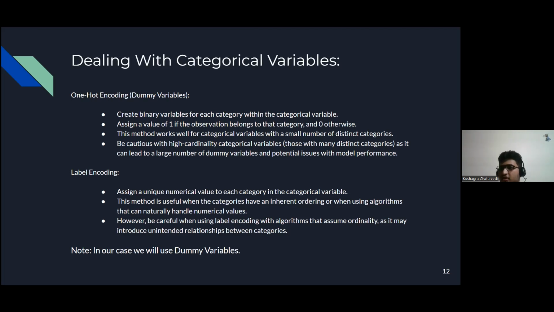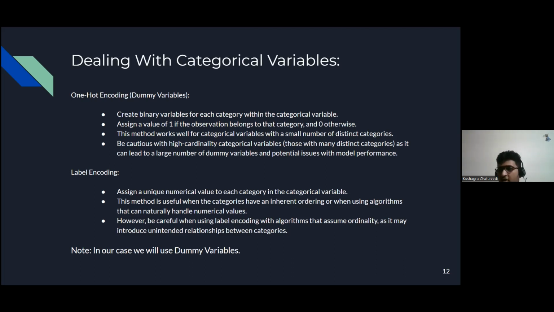But if the cardinality is high, then it can lead to a large number of dummy variables that will split into multiple columns, and that will lead to a high dimensionality case. So we have to avoid that, and if that's the case, we can look into other algorithms.